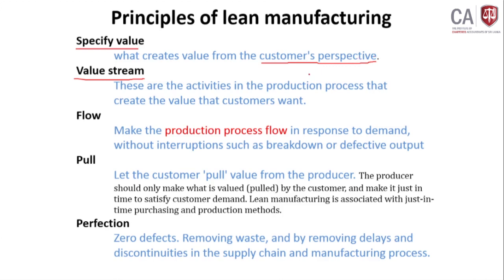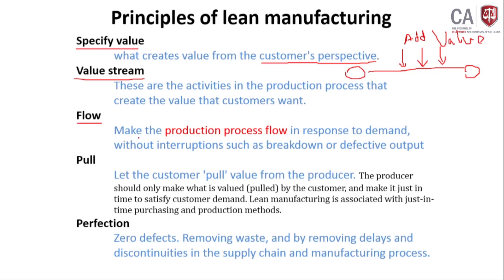So when you are making one product from start to end, there are different activities involved, not only one. All those activities add what? Add value. So in the value chain, many values are added using the different activities.